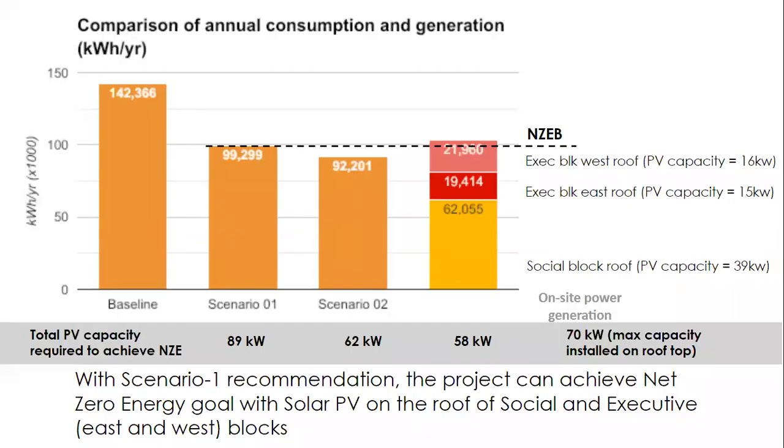And then here is the slide that shows you at which point you can achieve the net zero goal. So with scenario 1, you can achieve the net zero if you have PVs on all the buildings.